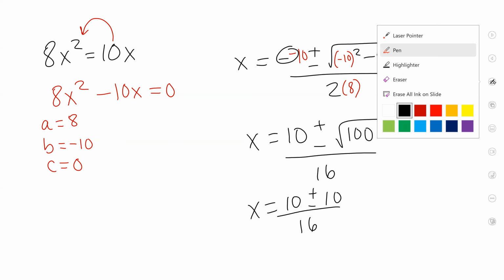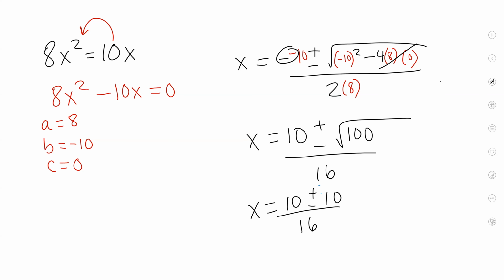First, I'm going to do one where I add 10. So 10 plus 10 is 20, so I'll get 20 over 16 as one of my answers, and always simplify. So I'm going to divide the top by 4 and the denominator by 4. So I'll get 5/4. That's one of my answers.